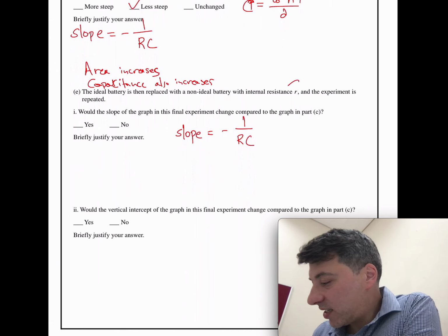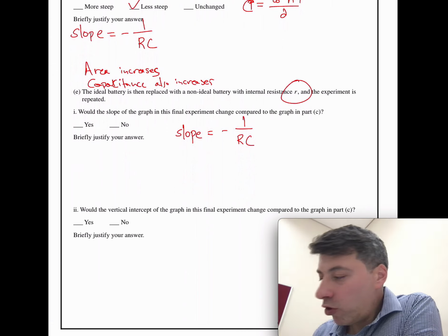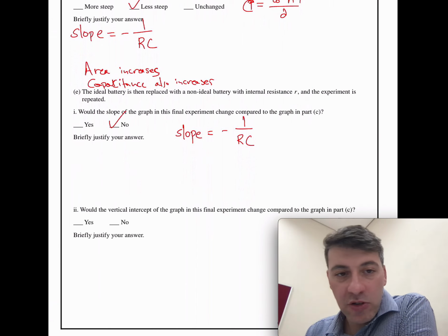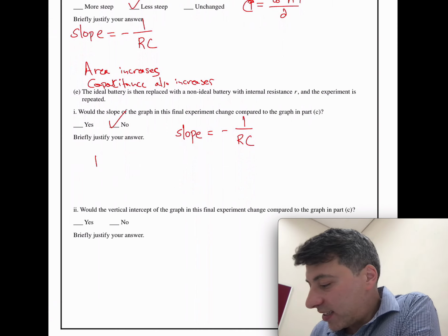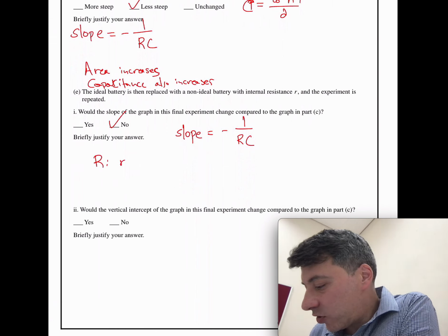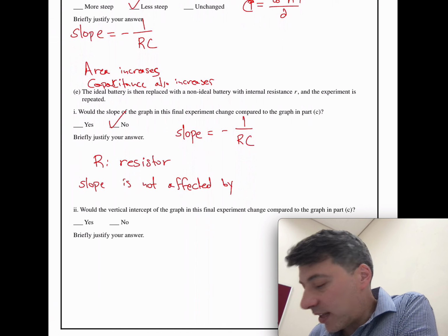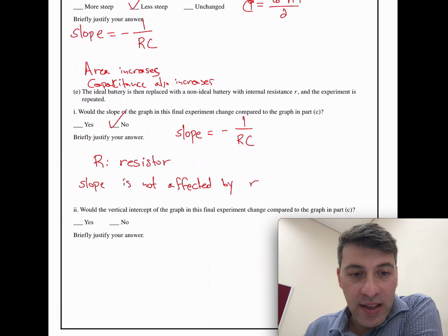So this resistance R will play no part in the way that the capacitor discharges, so the slope of this graph will not change. So we need to say that this R is the resistor, and the slope is not affected by the internal resistance R.